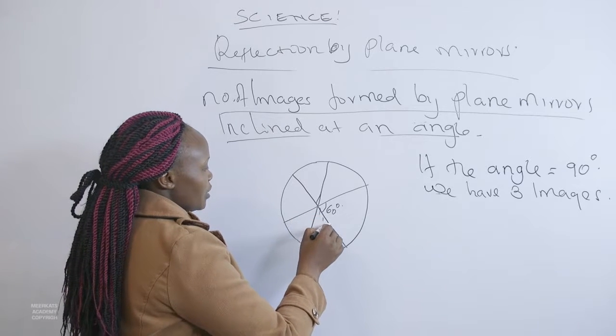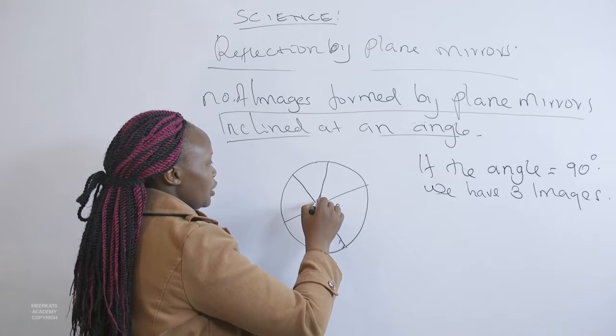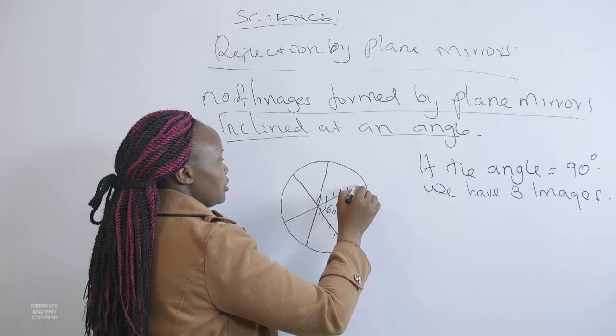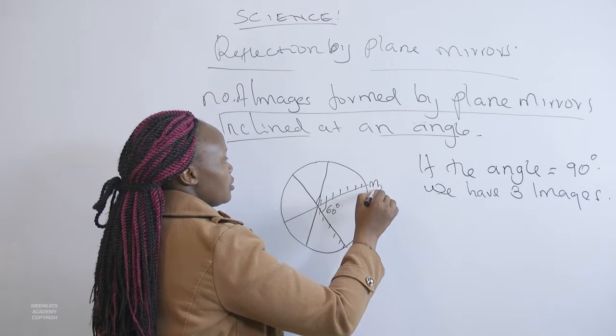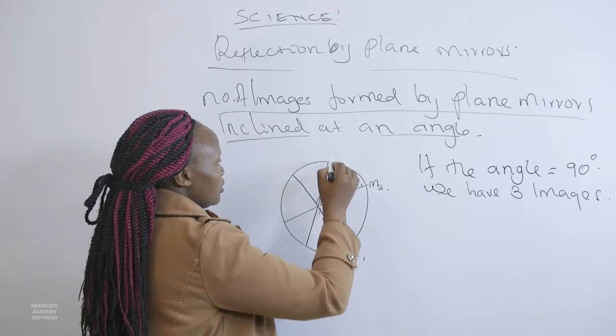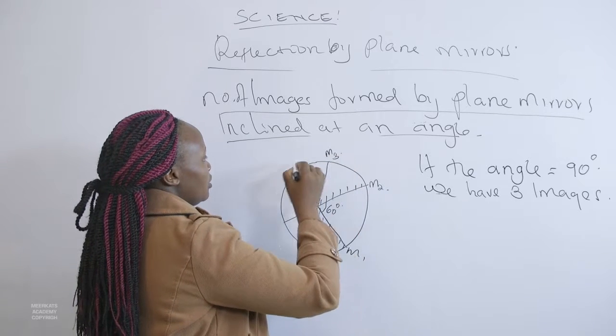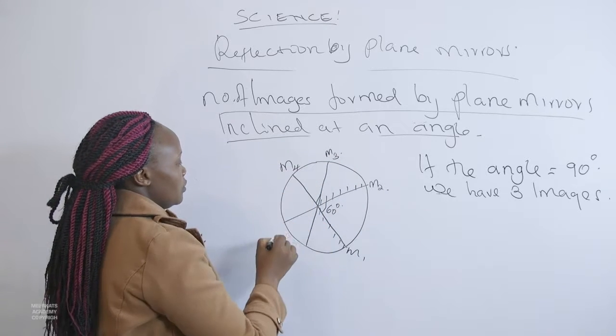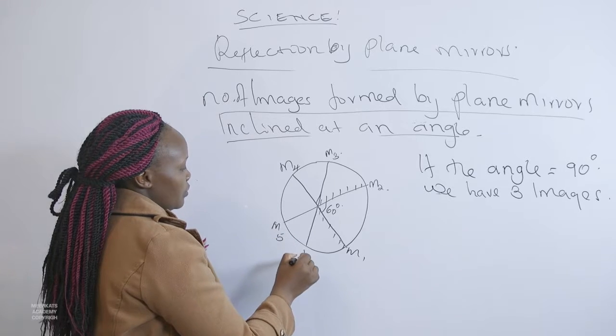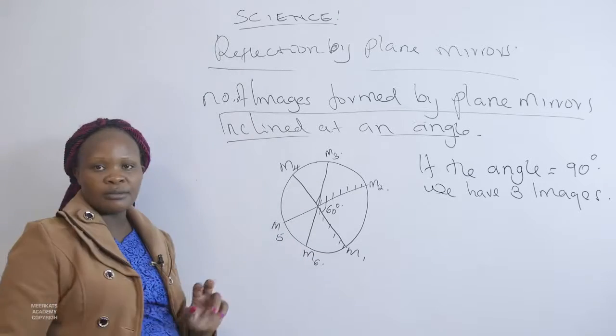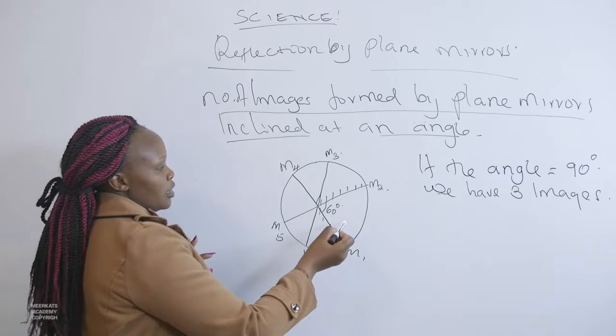If this be our first mirror, this one is the second mirror. This is mirror 2, mirror 1, mirror 3, 4, 5, and finally we have mirror 6. We place an object here.